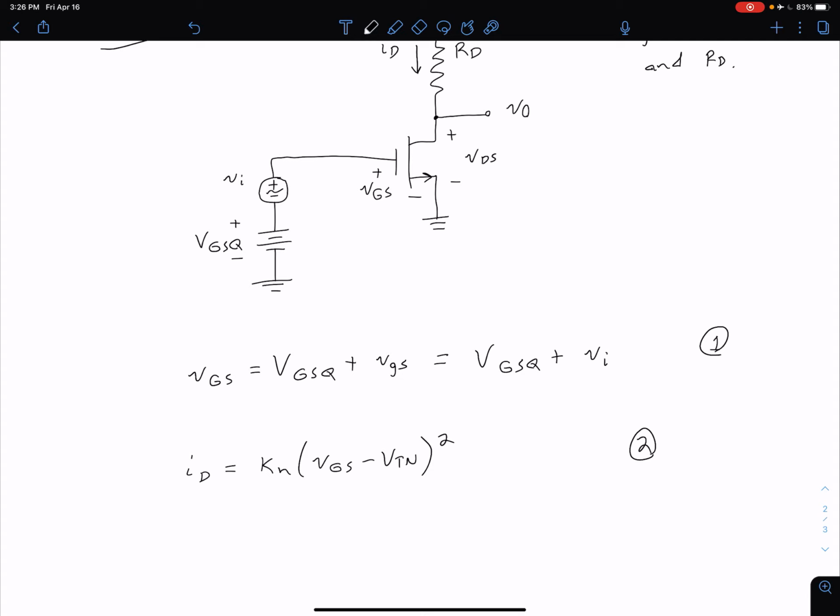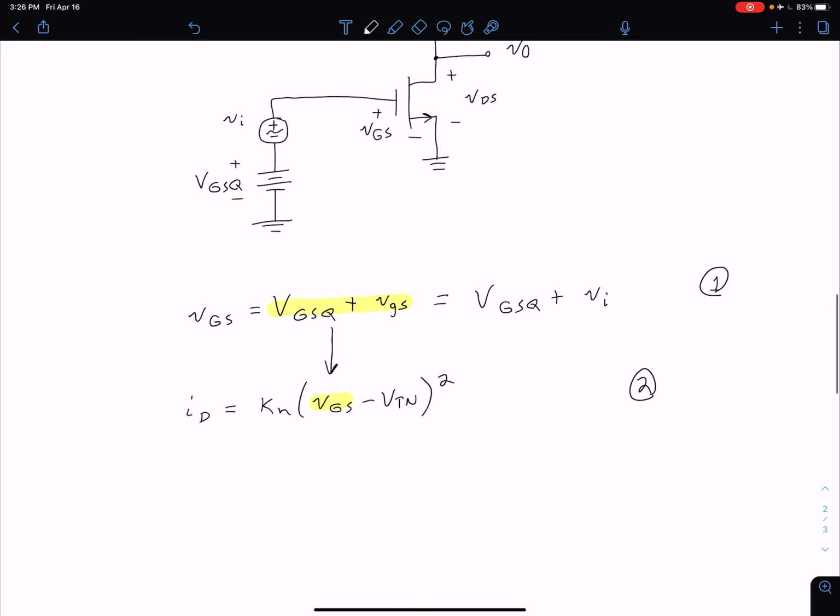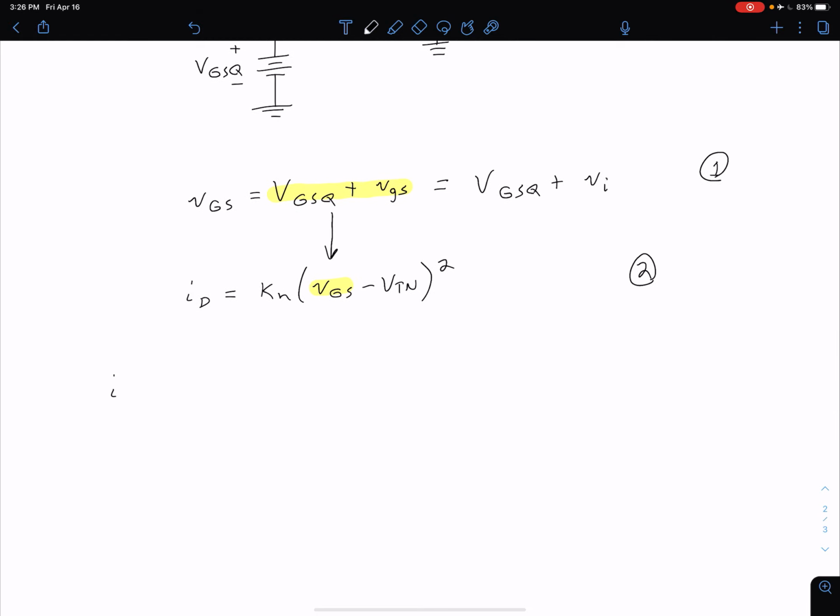Now what we're going to do is substitute equation 1 into equation 2. We're going to take this combination of vGS and plug that into our vGS down here, and we're going to get an expanded version of our drain current. So we can say that iD is equal to Kn times (VGSQ plus the AC component, lowercase vgs, minus the threshold voltage VTN), all of that squared.